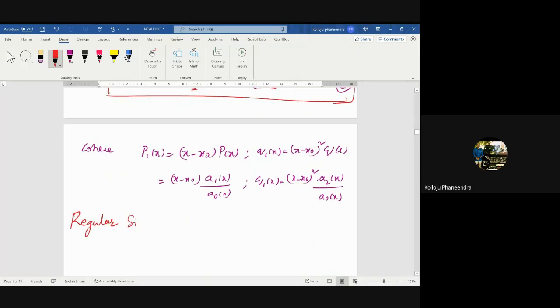First definition, regular singular point. What is the definition here?